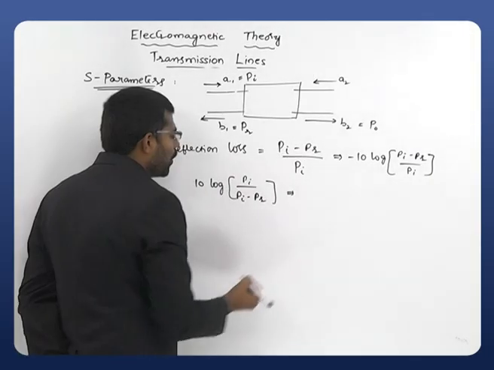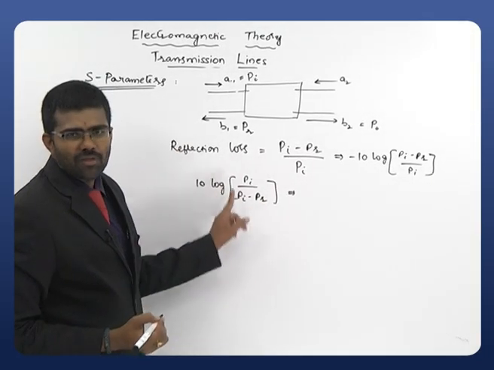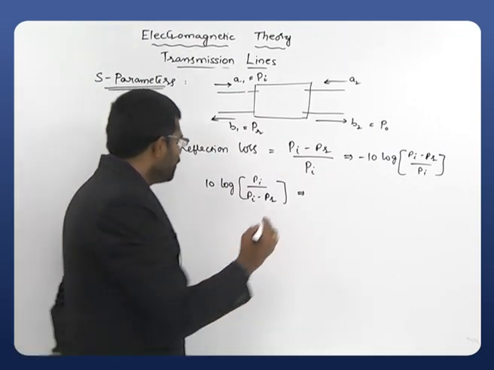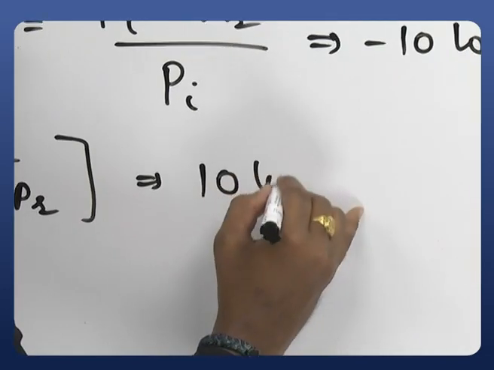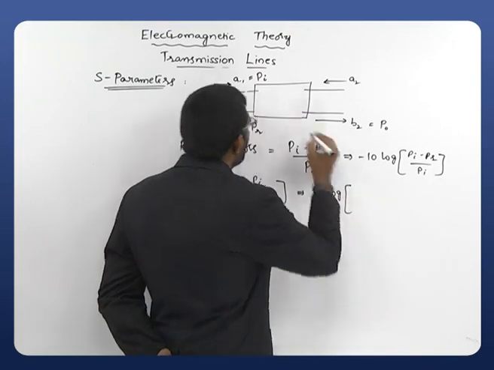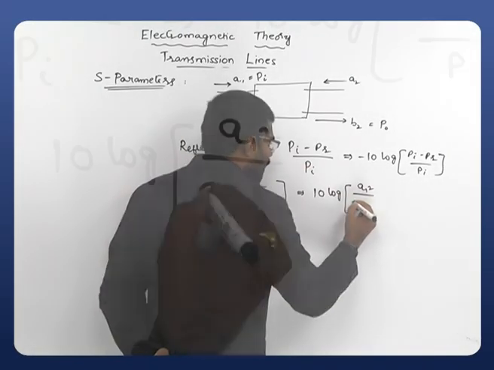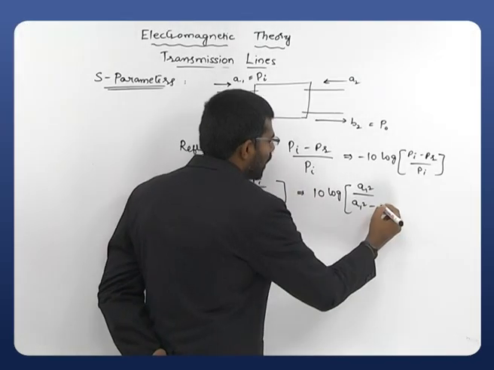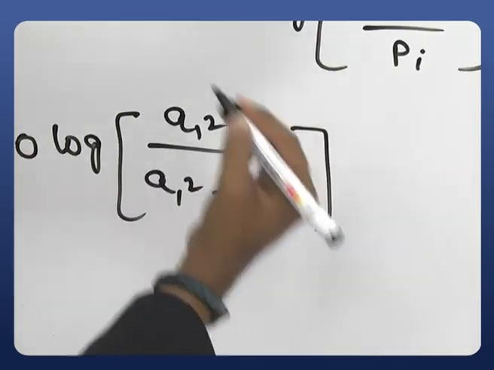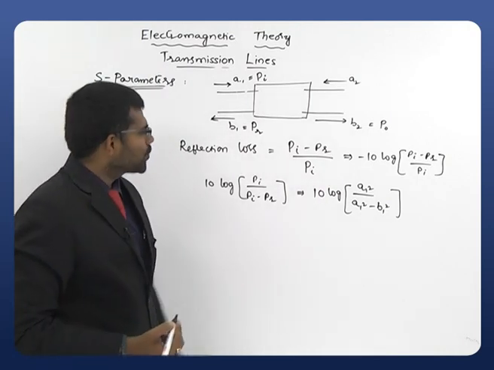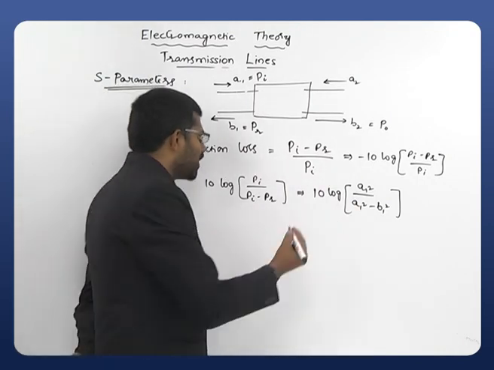Now I will try to write down all the powers in terms of our coefficients A and B. Which is nothing but 10 log of Pi, the incident power, is A1 square, divided by Pi minus PR, that is A1 square minus B1 square. Now just take A1 square common from both numerator and denominator.